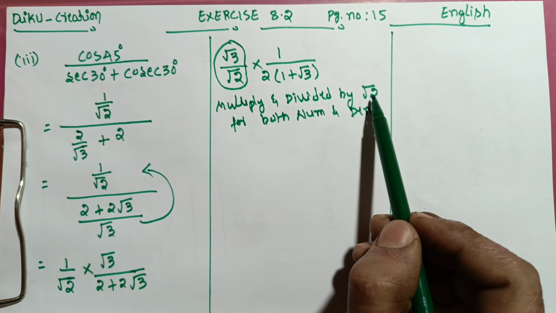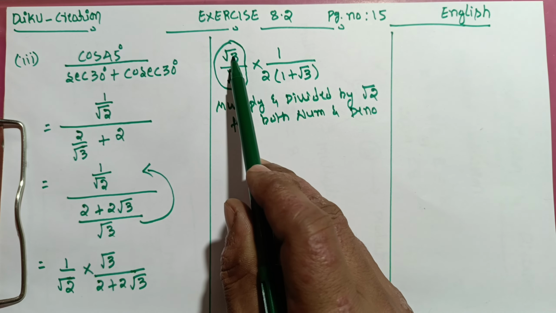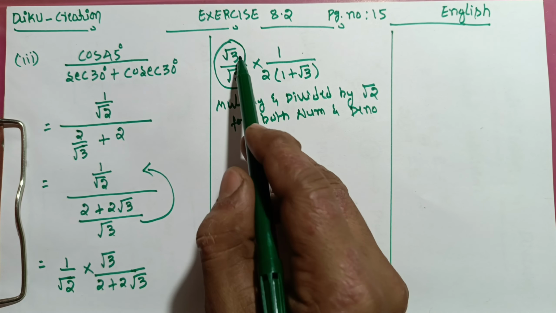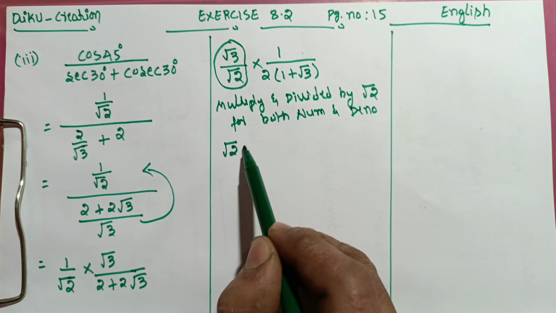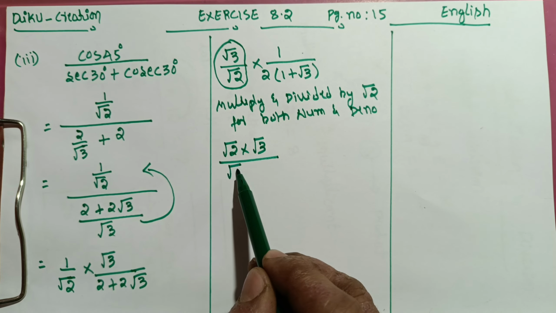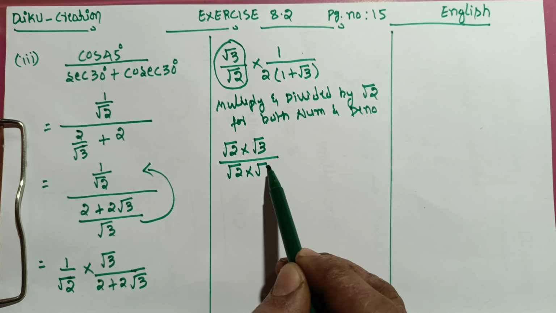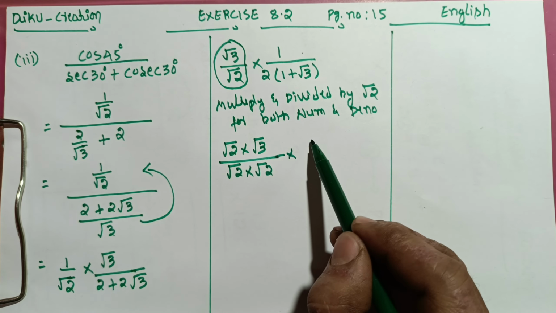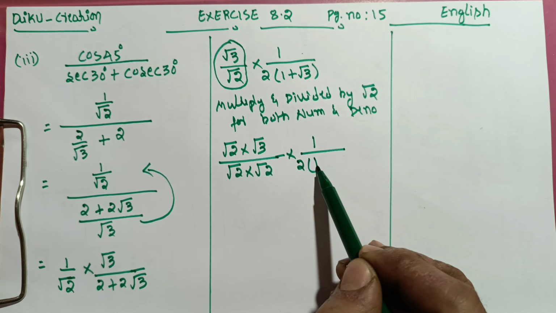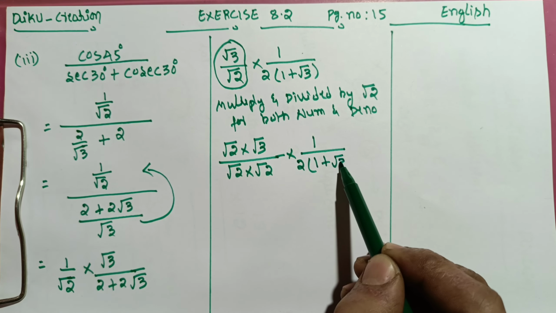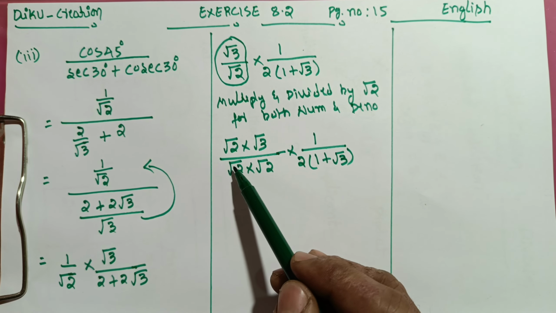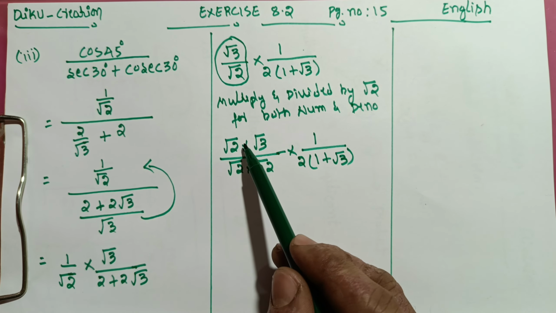So it means that I will multiply root 2 for this expression for numerator as well as the denominator. Now we will multiply. It becomes root 2 into root 3, root 2 into root 2, into the remaining number as it is, 1 divided by 2 into 1 plus root 3 as it is. Why I did like this? In order to make the simplification very easy.